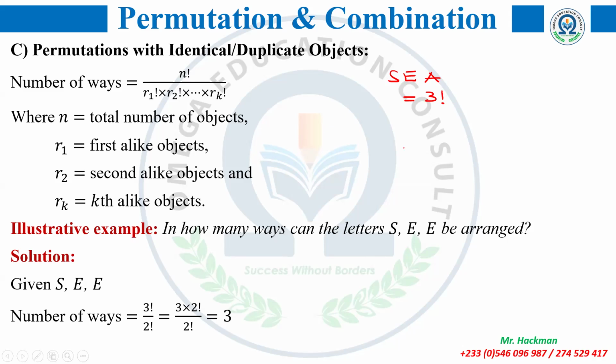In actual fact, it's supposed to be over each object's factorial. So S, I have one of them, 1 factorial. E, I have one of them, times 1 factorial. A, I have one of them, times 1 factorial. However, I know that 1 factorial times 1 factorial times 1 factorial makes my denominator 1, so it will not affect my numerator. Do you get the point?